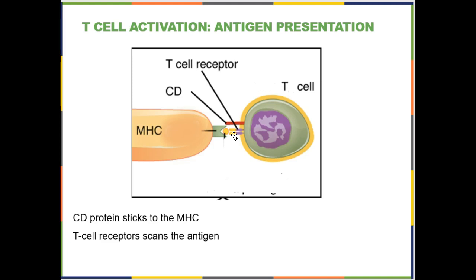If it's supposed to be there and the T cell is competent, the T cell will just walk away and not do anything. If that little yellow circle is not supposed to be in the body, then depending on what kind of T cell this is, it's going to go about fighting that infection.